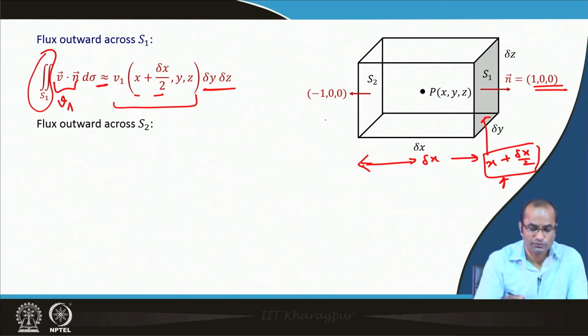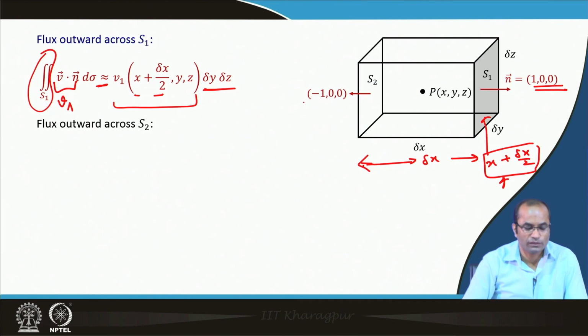Similarly we can do this for S2. The difference in S2 is that we have this minus 1 there. So, this component will become minus v1, and the x component will be x minus delta x by 2, because this is left of this point x y z.